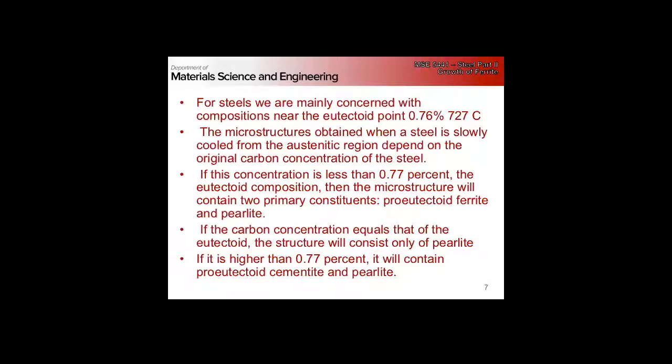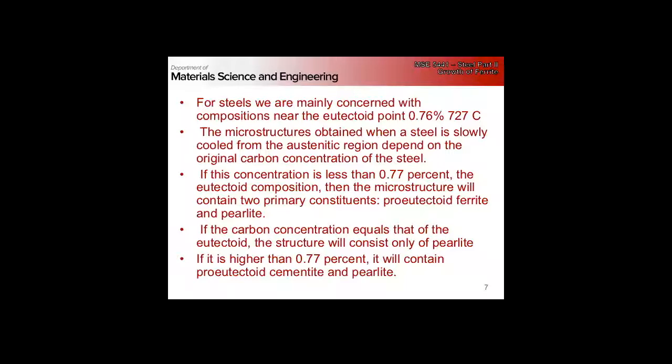And it's going to depend largely on the carbon composition of the steel, right? Again, if we're less than the eutectoid composition, we're going to have pro-eutectoid ferrite and pearlite. If we're at the eutectoid, we're only going to have pearlite.